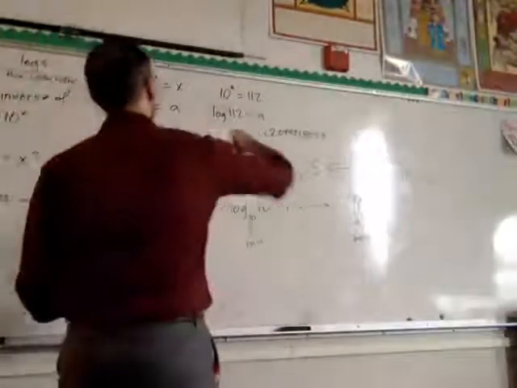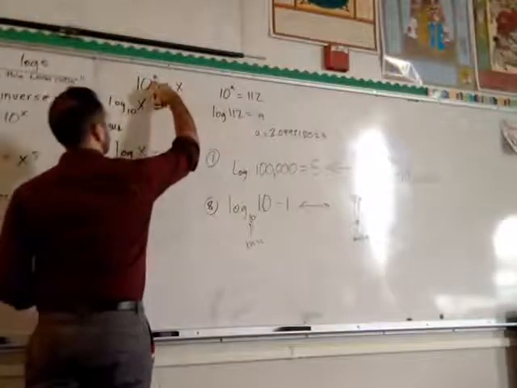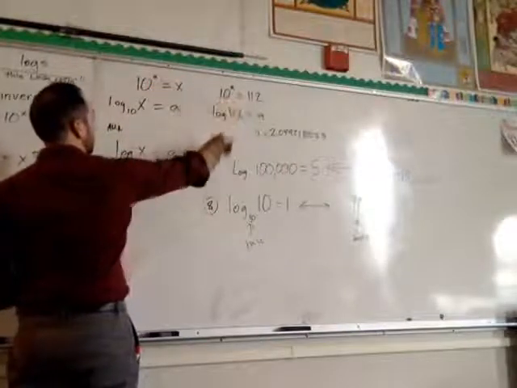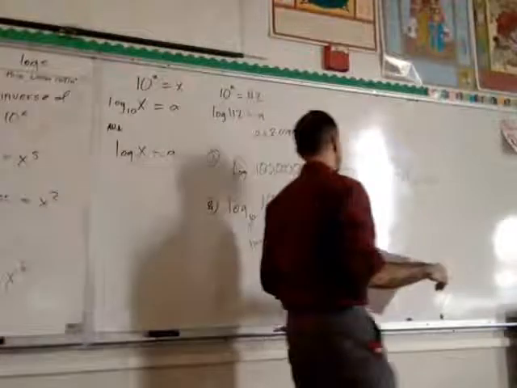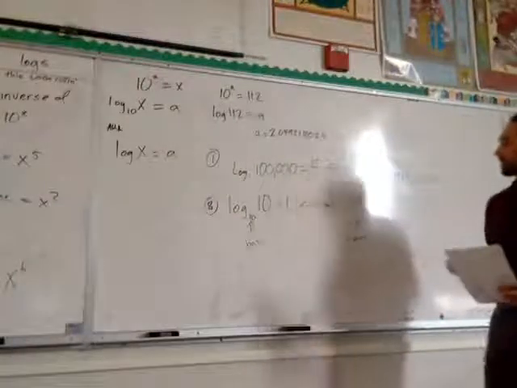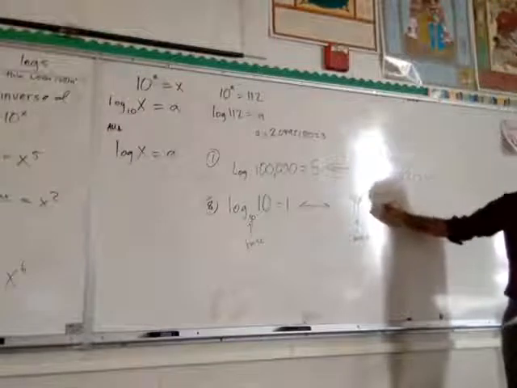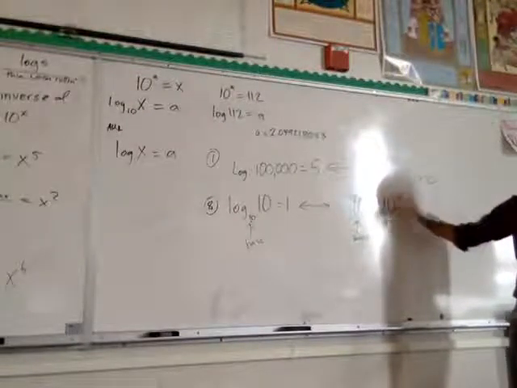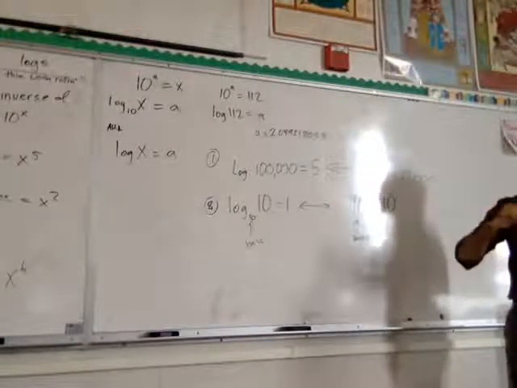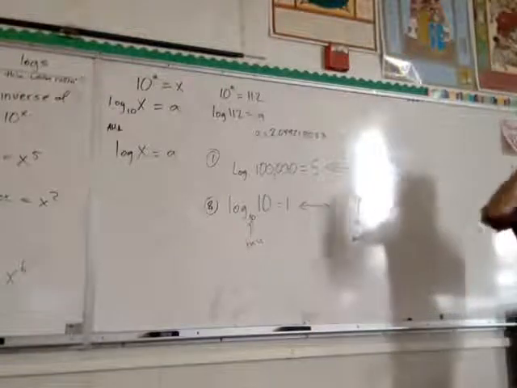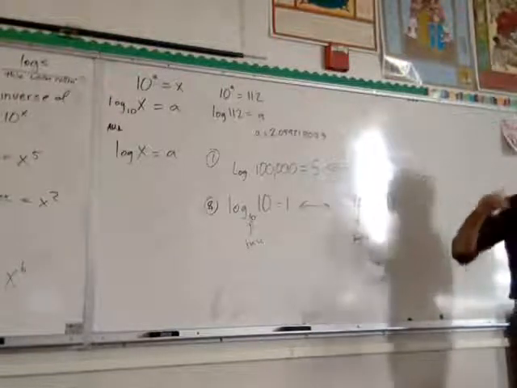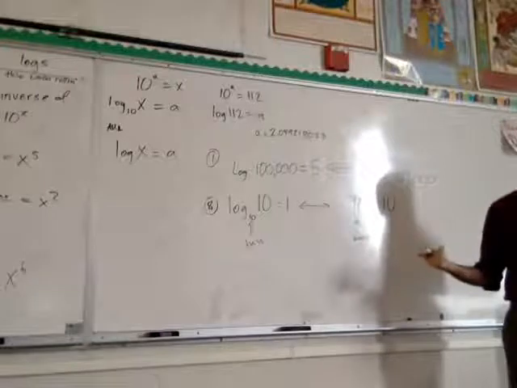We were searching for 10 raised to what power gives you 71 in our intro, or 112. So in this case, it's 10 raised to what power gives you what? Raised to the first power gives you 10. It's just going the other direction. I first identify the base, and then remember the name of the game is you don't know the exponent.